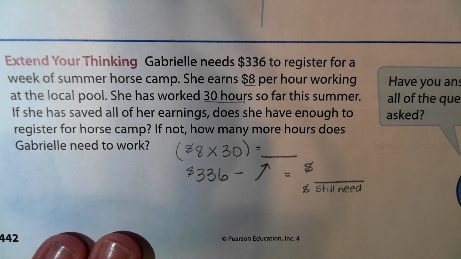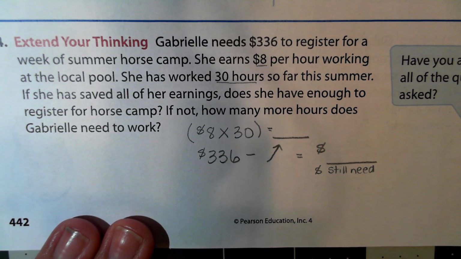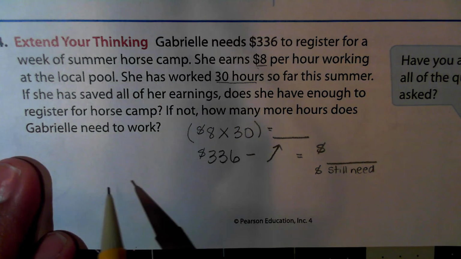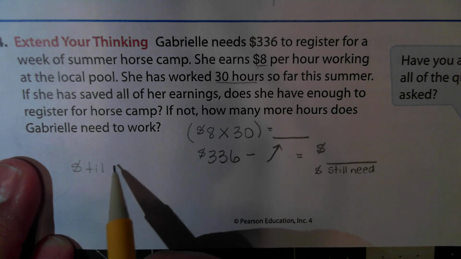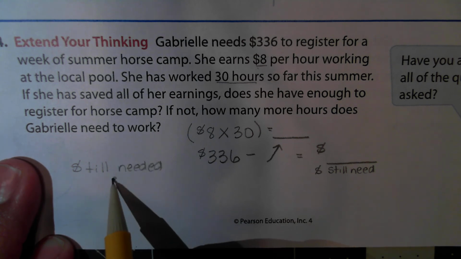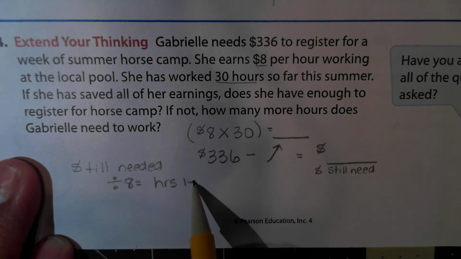Now, if I need some money, where is that going to come from? She's not going to get a super duper gift, not yet. She's going to have to keep working at $8 an hour. So we're going to say money still needed divided by 8 equals hours left to work.